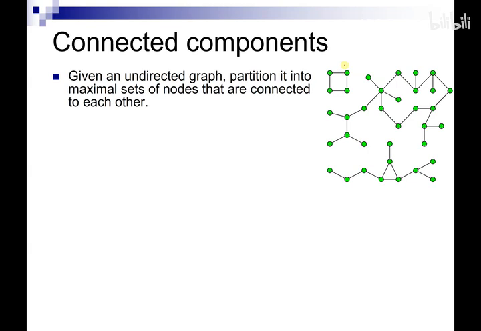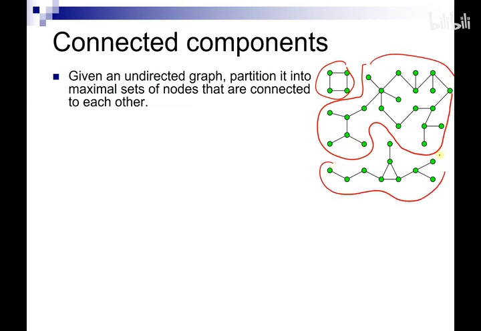For example, in this graph, this is going to be one connected component because all of these nodes are connected to each other. And this thing in the middle is going to be another connected component, and the thing on the bottom is also a connected component. So given a graph, we want to find all its connected components.